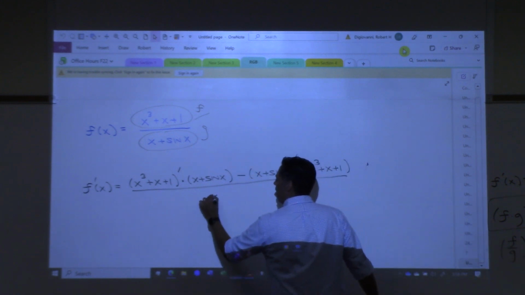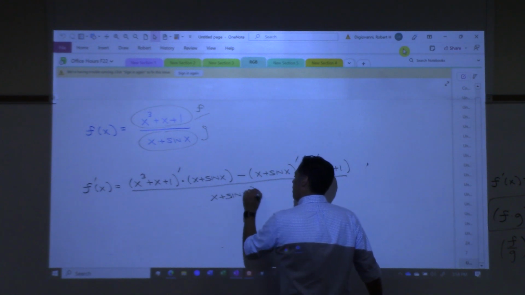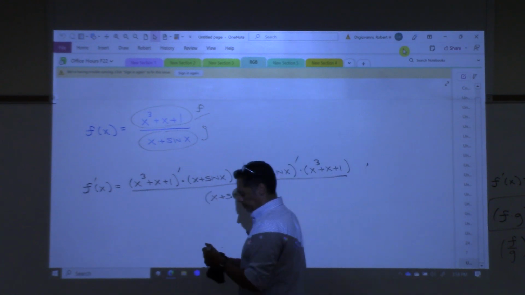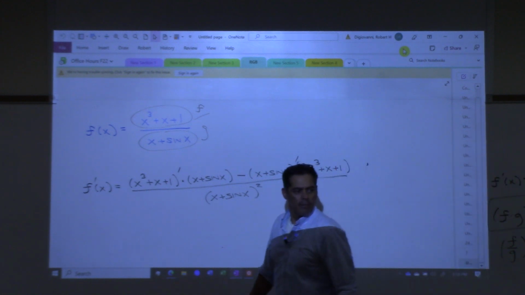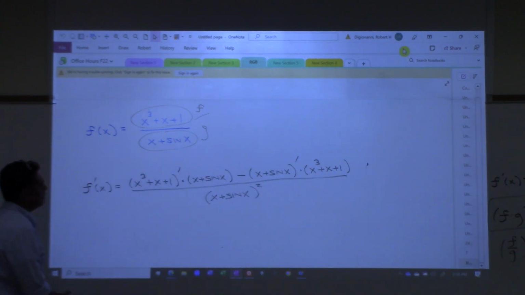So you take the entire x plus sine x, and you square it. There you go.